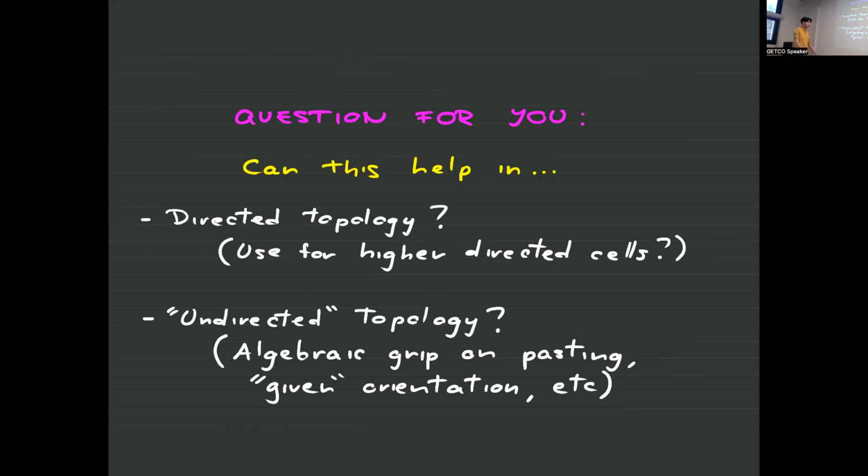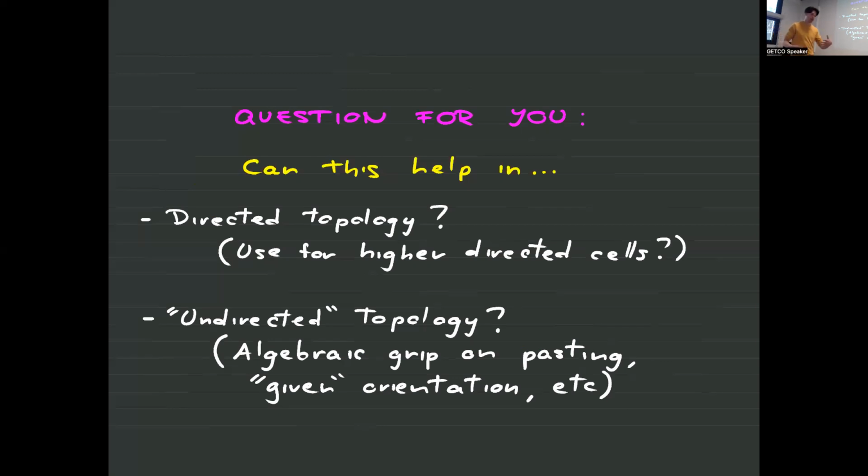So I'd be interested in seeing whether this model can help in any way, or be applied to questions of directed topology and concurrency, for example: is there a use for higher directed cells in this context? Are there combinatorial versions of some of these invariants that people have been computing that can be computed for diagrammatic sets?